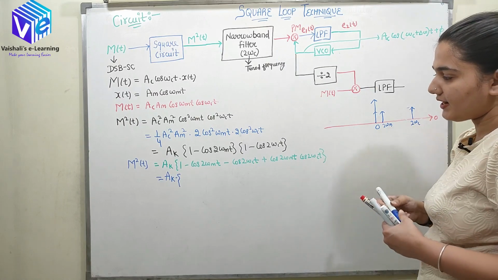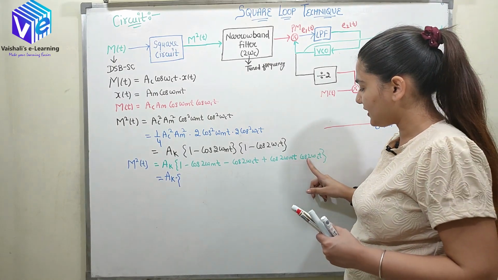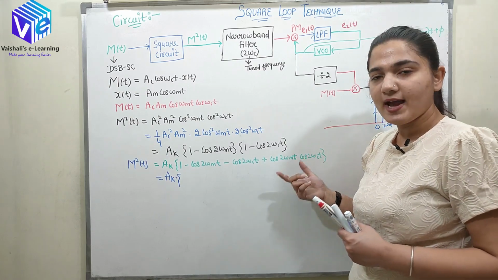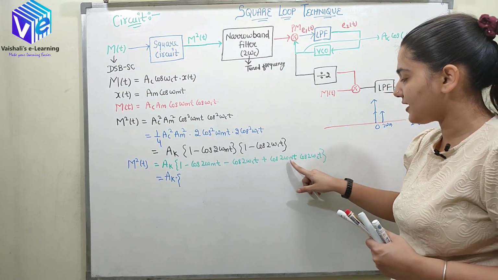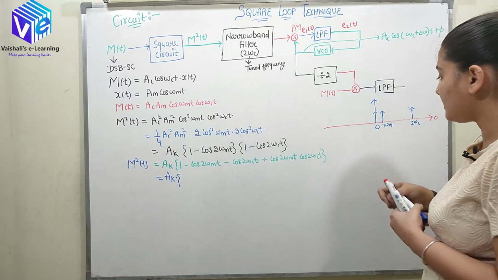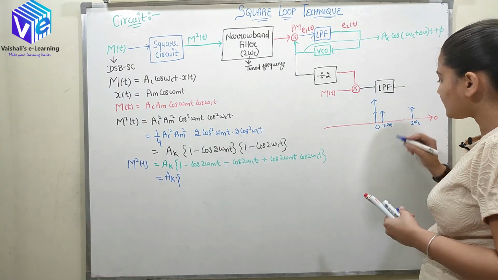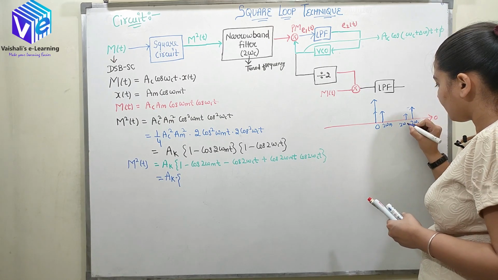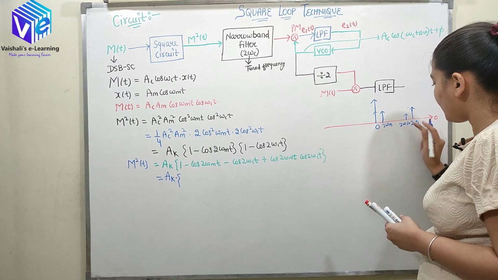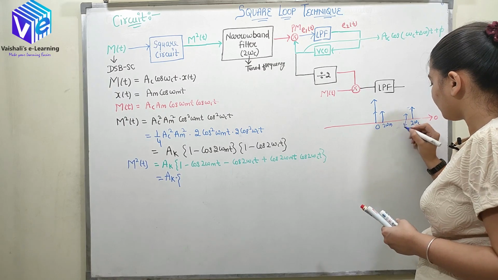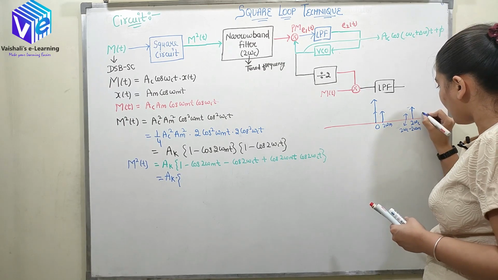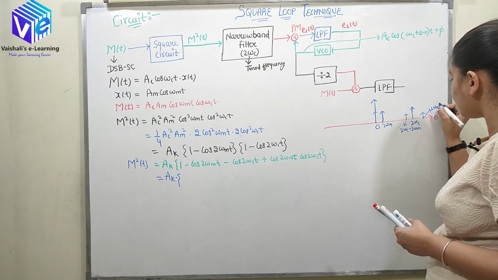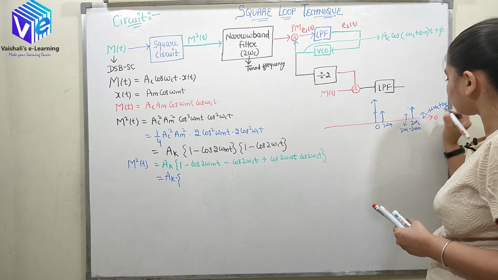After that I have cos 2 omega mt into cos 2 omega ct. This is cos a cos b, which I can represent as cos a plus b plus cos a minus b. So these are two frequencies centered around 2 omega c minus 2 omega m and 2 omega c plus 2 omega m.